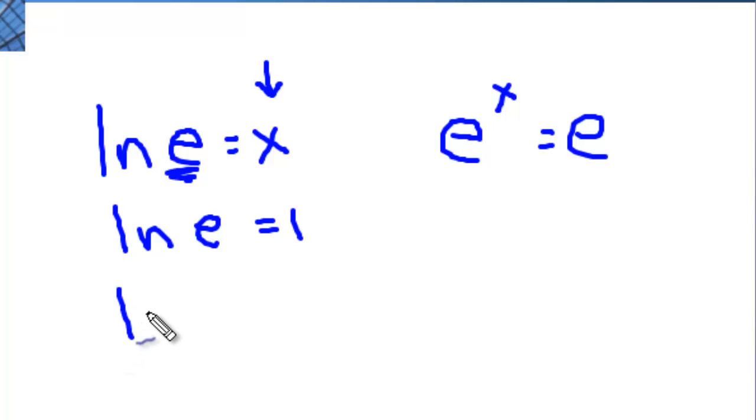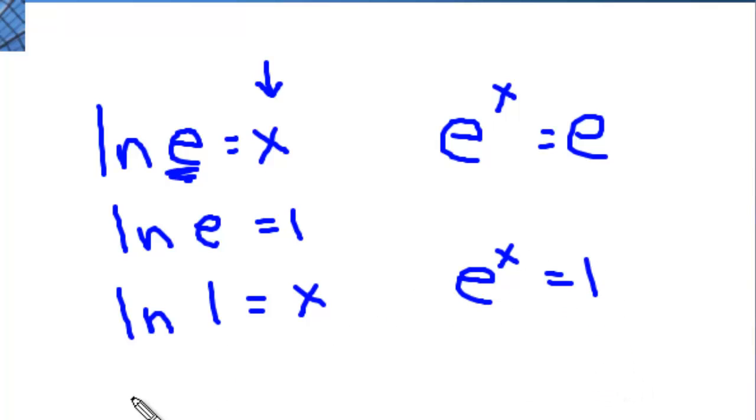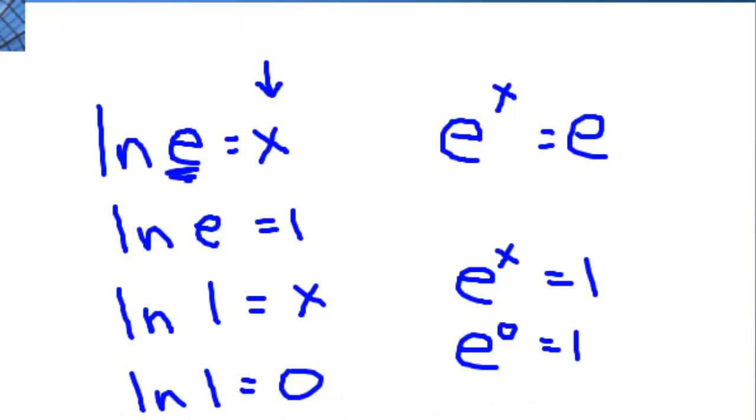If we have the natural log of 1, we are saying e to the what is equal to 1, and e to the 0 is equal to 1, so the natural log of 1 is 0.